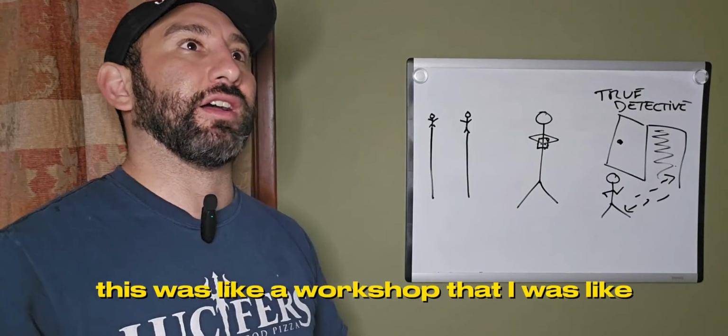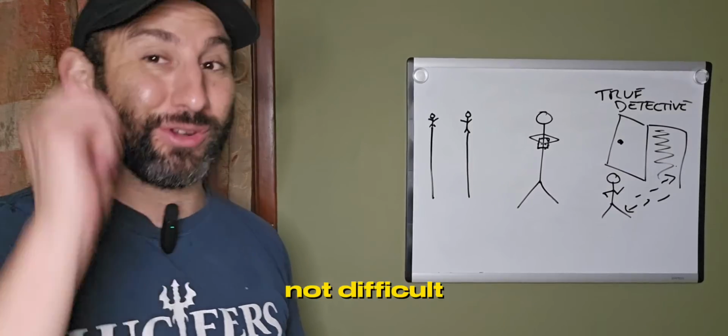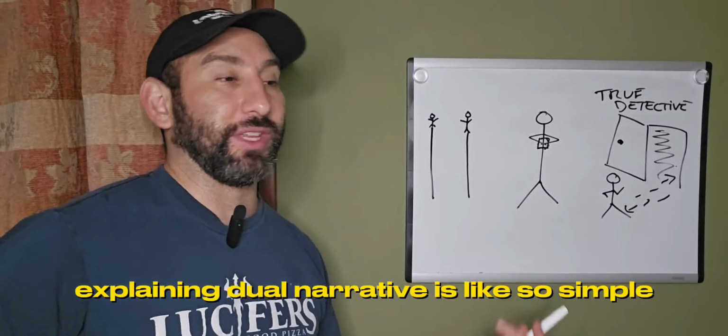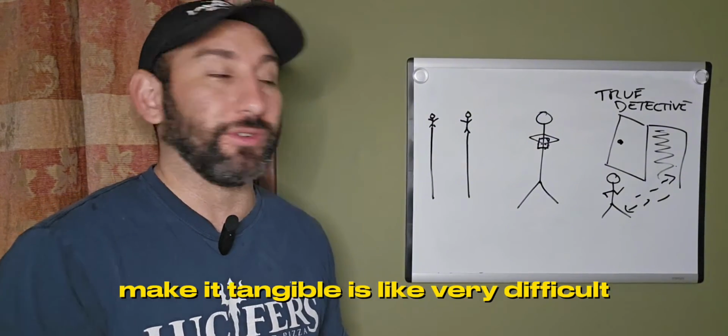This was a workshop that I was kind of dreading a bit because it was not difficult. Explaining dual narrative is so simple, yet trying to actually make it tangible is very difficult.